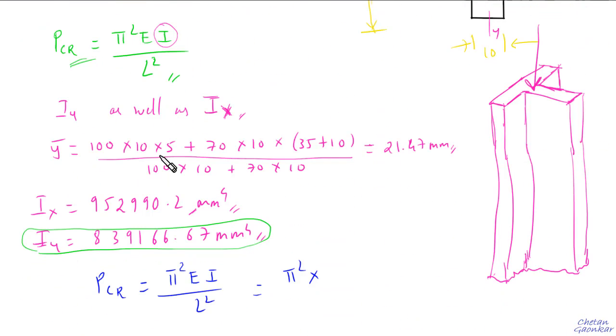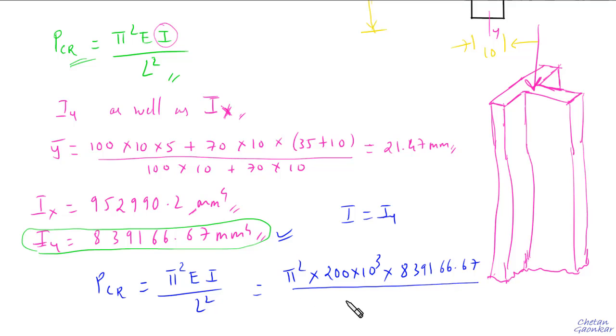It is 200 GPa, so in terms of MPa I have to multiply this by 10 to the power 3, multiplied by I. The value of I will be Iy, which is 839166.67, divided by L. How much is the length here? Length is 3 meters, so this will be 3 multiplied by 10 to the power 3, squared.